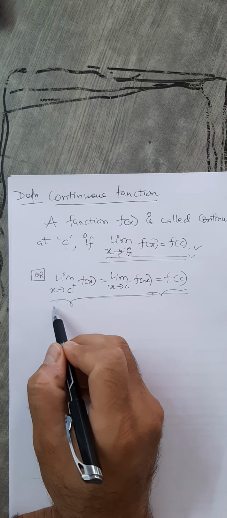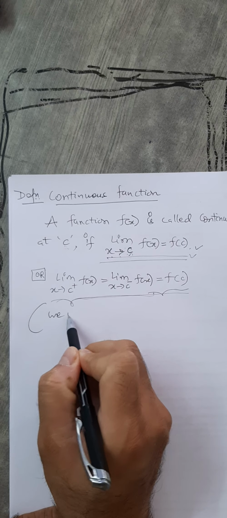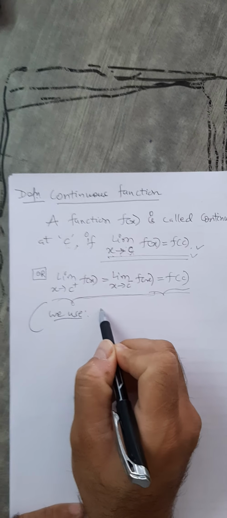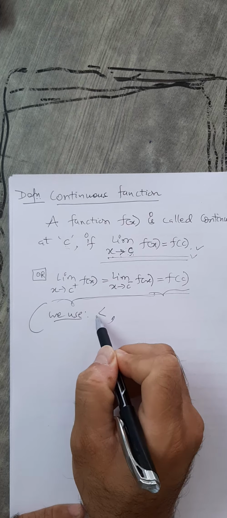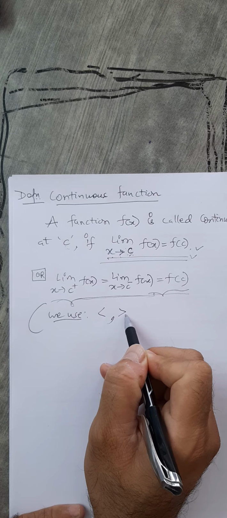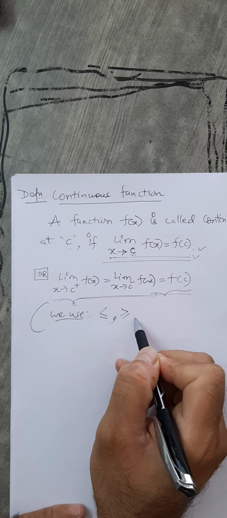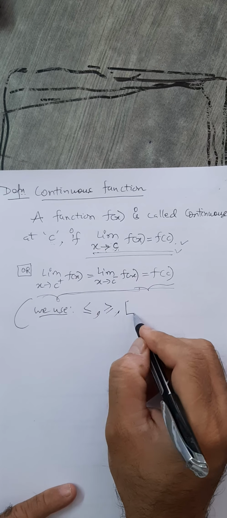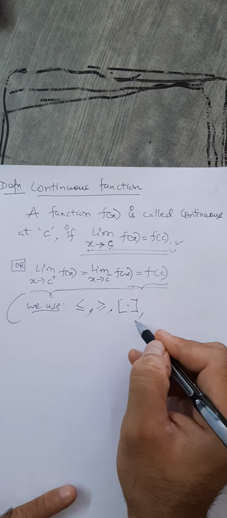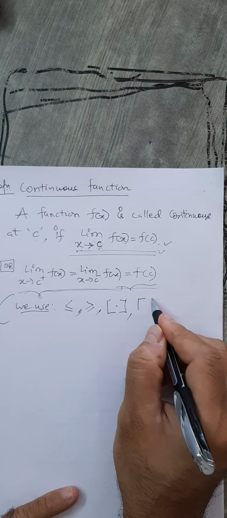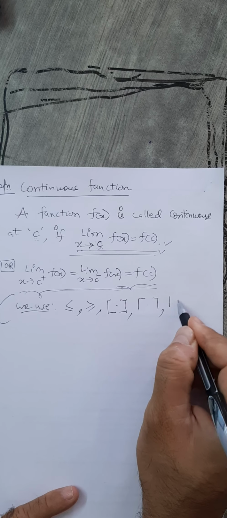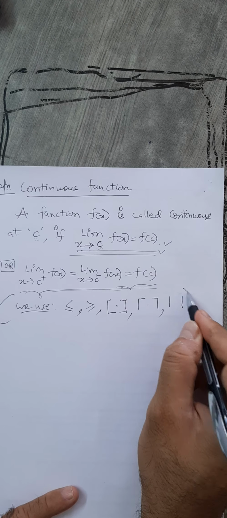This RHS, LHS limit we use mainly when we have inequalities in the question, greater than, less than, greater than or equal to, less than or equal to, or if you have the box function, the ceiling function, or the modulus.